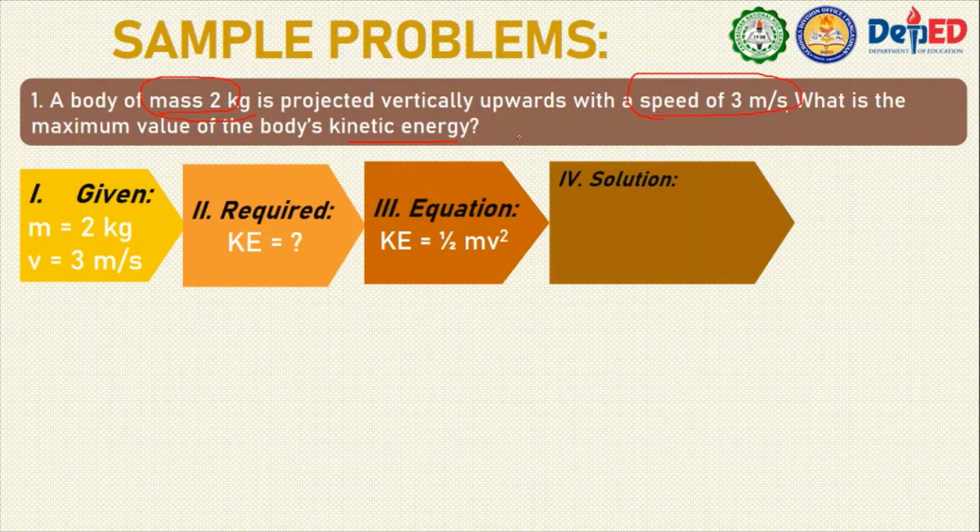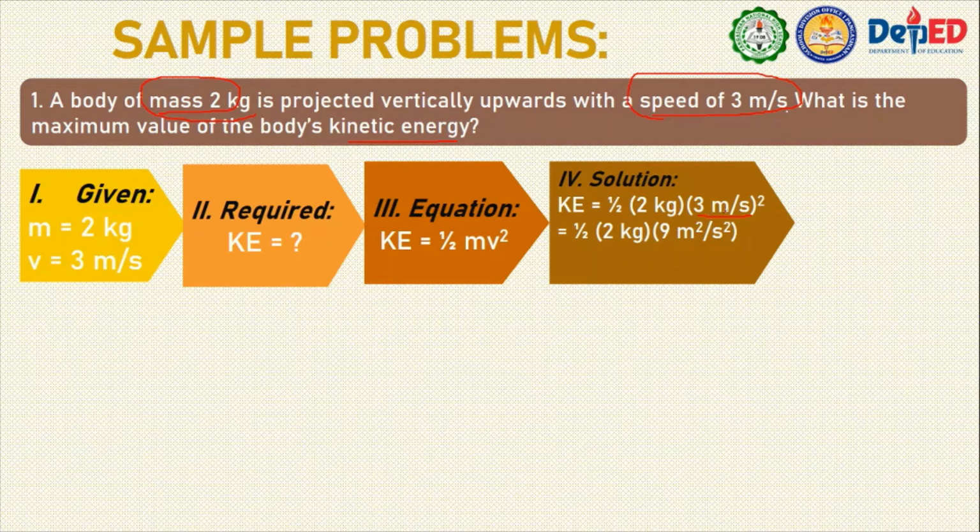Next step, solution. In the solution, we are going to substitute the given to the formula. So the value of m is 2 kilograms and the value of v is 3 meters per second. Then, we are going to get the square of the speed. So, to get the square of speed, you have to multiply the number by itself.